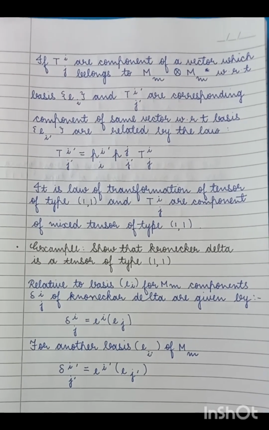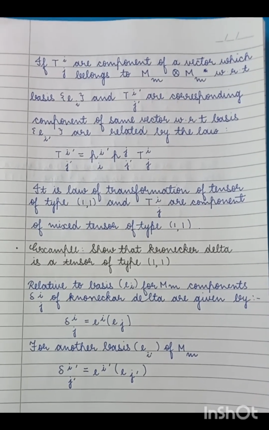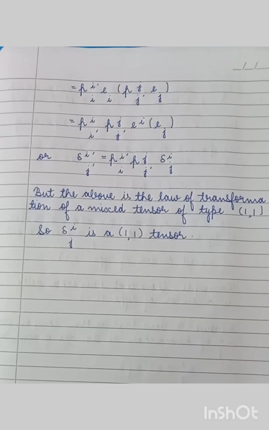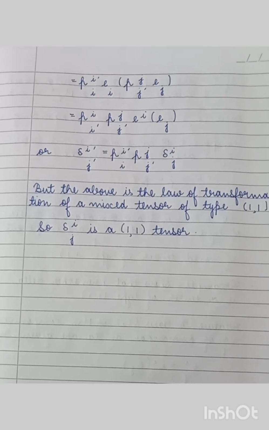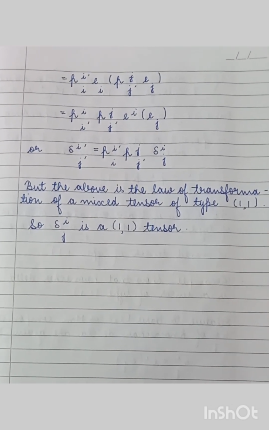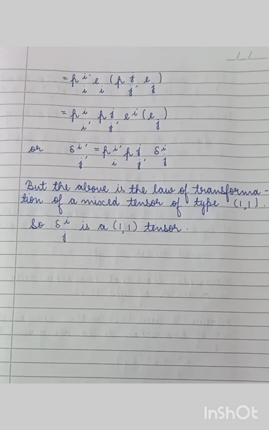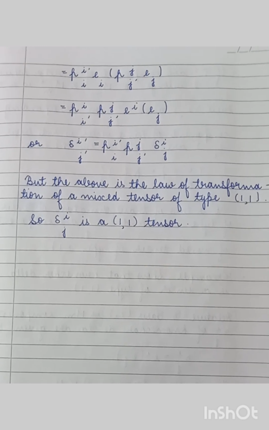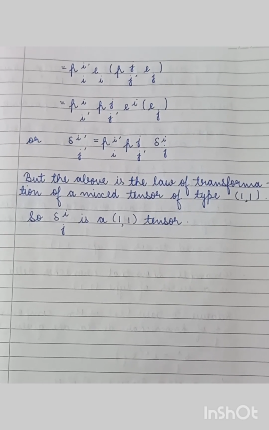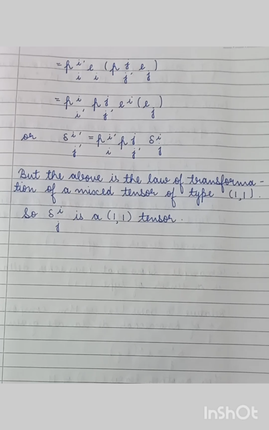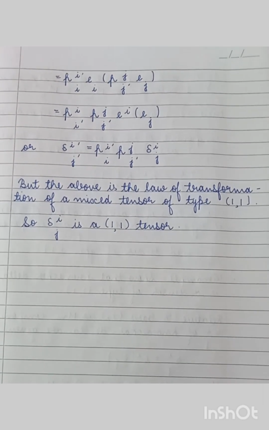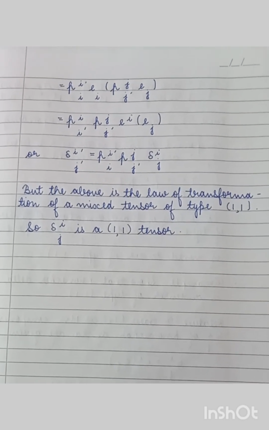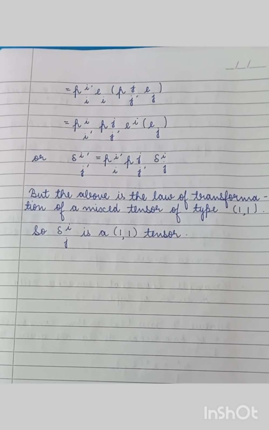For another basis e_i' of M, δ_i'^j' = e_i'(e_j'), where e_i' = P_i'^i e_i and e_j' = P_j'^j e_j, which gives δ_i'^j' = P_i'^i P_j'^j δ_i^j. But the above is the law of transformation of a mixed tensor of type (1,1). So we can say that δ_i^j, that is the Kronecker delta, is a (1,1) type tensor. Thank you.